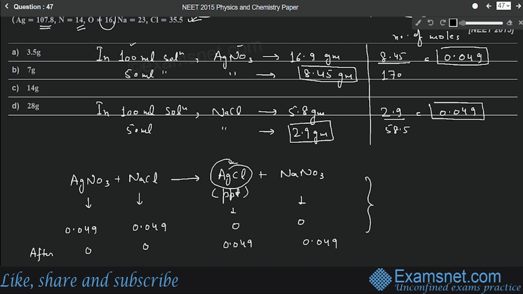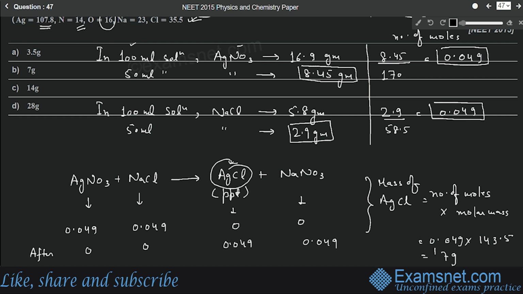So the mass of silver chloride, that is the precipitate here, will be number of moles into the molar mass. So number of moles is 0.049 and the molar mass of silver chloride will be 143.5. So on solving this, you'll get 7 point something. So it will be 7 grams. So the correct answer will be option number B.